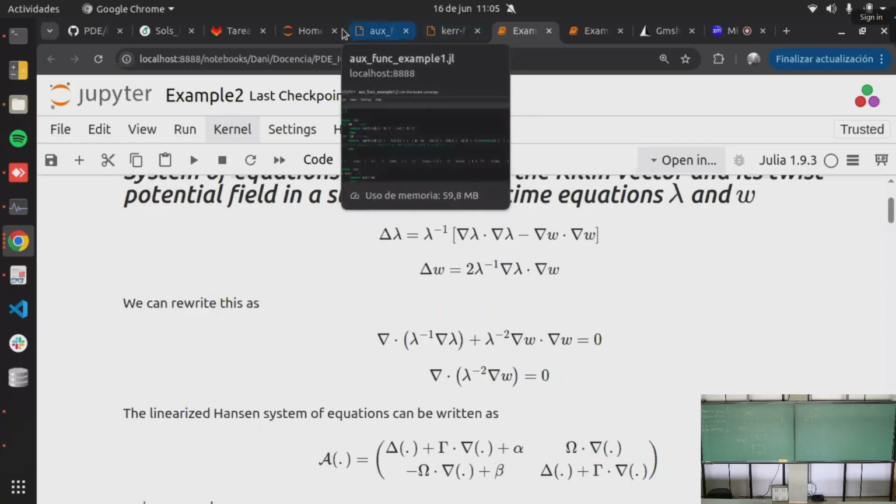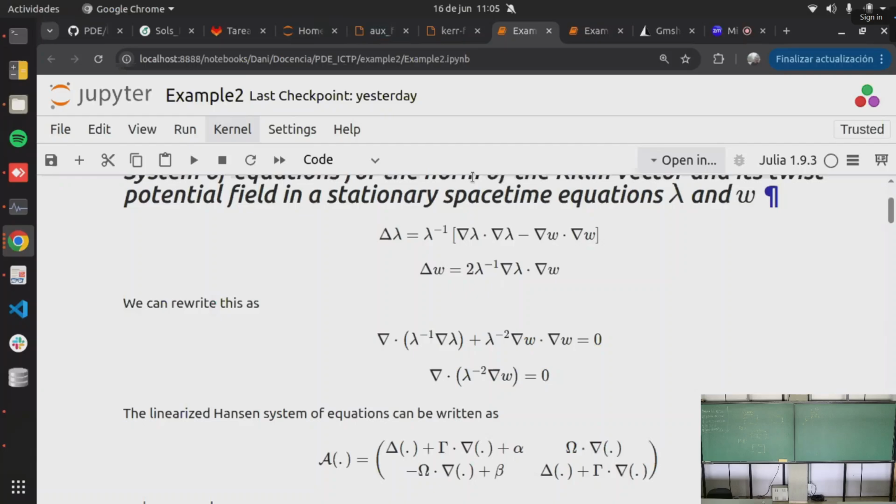So the idea is the same as I explained in example 1, but in this case the form that takes the weak formulation for the system is very complex.